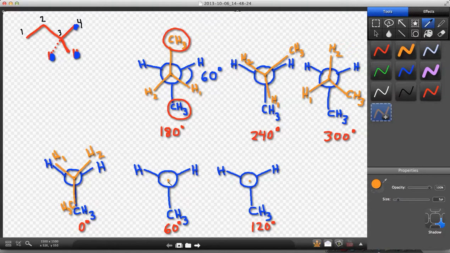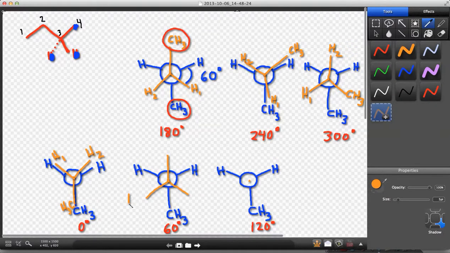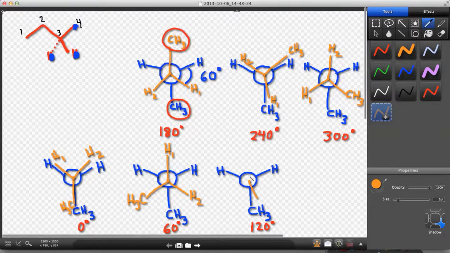Then of course we're going to have staggered again at 60 degrees. And finally we'll have eclipsed again.